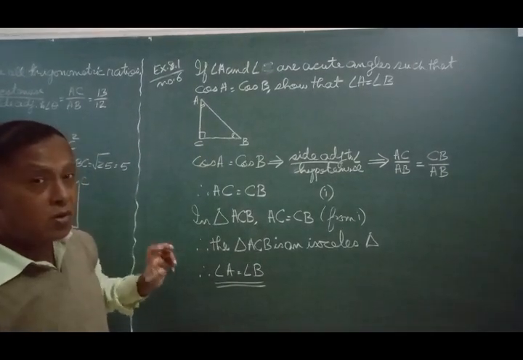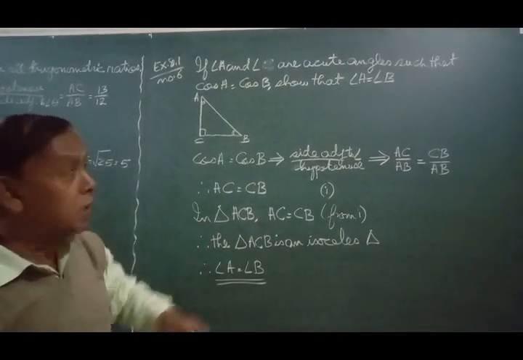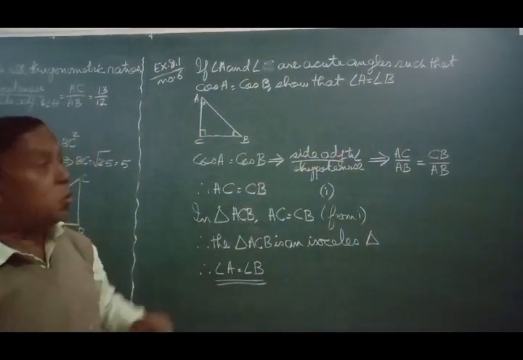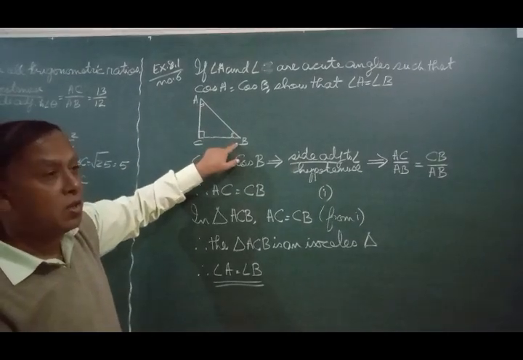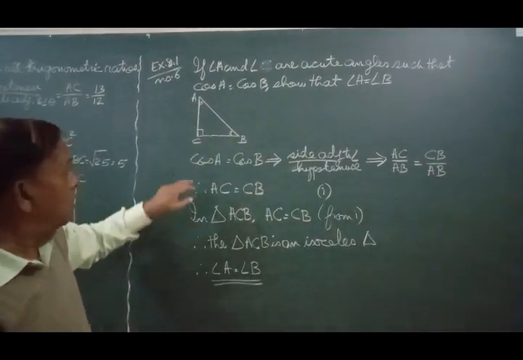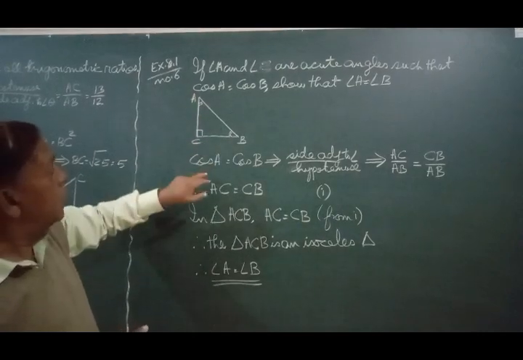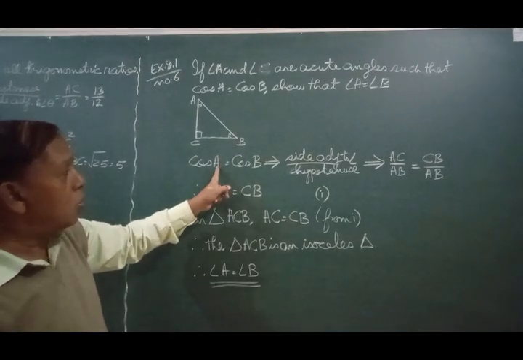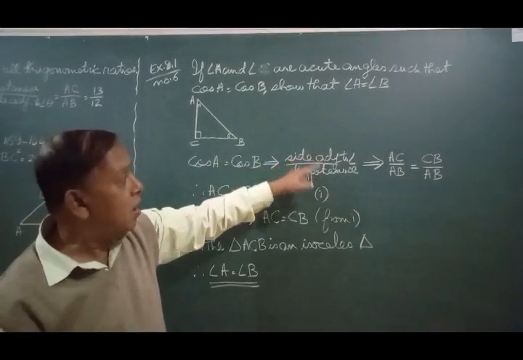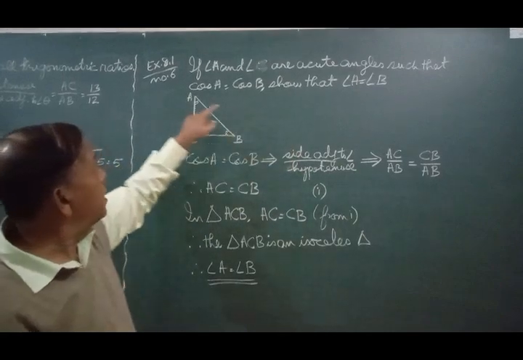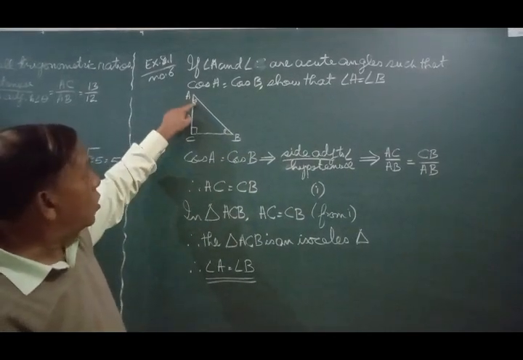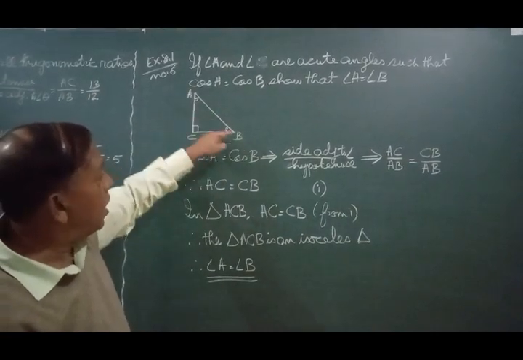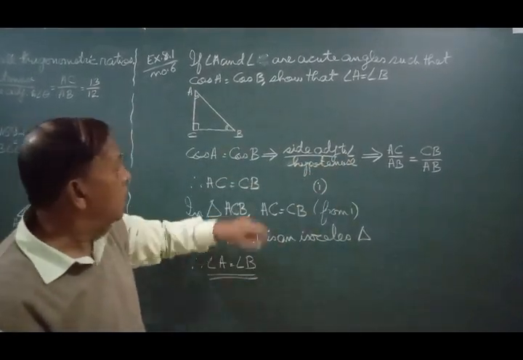Before you draw, just understand. Finally, we have to prove that angle A is equal to angle B, and therefore when you draw, you have to make sure angle A is equal to angle B. Both are equal, because that is what we are given. Cos A is equal to cos B. What's the meaning of cos A? Side adjacent upon hypotenuse, so adjacent is AC and hypotenuse AB: AC upon AB.